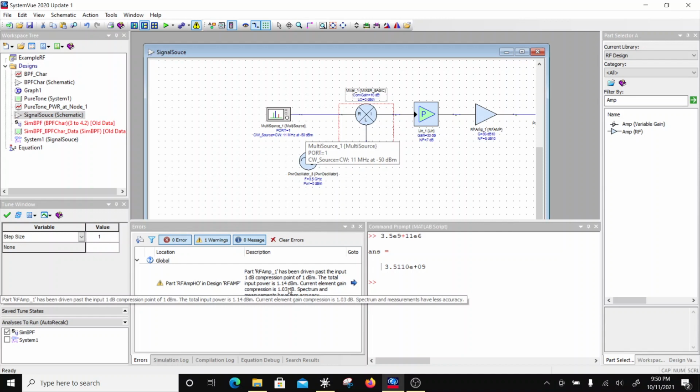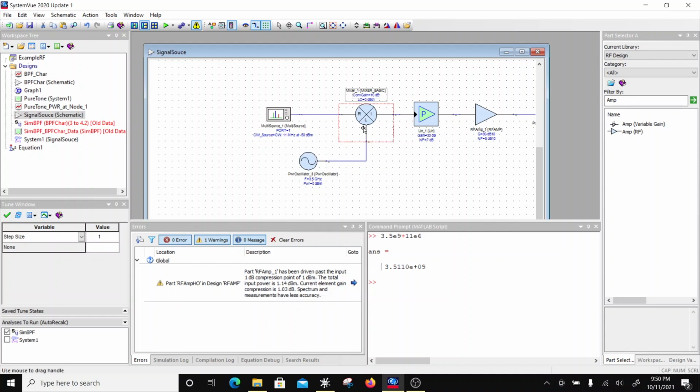The total input power is 1.14 dB. So this is a strange relationship in their equations, right? Allo doesn't affect so much of the conversion gain, but here it does. So it says that it is past the 1 dB compression of 1 dBm, that the input power is 1.14. The current element gain compression at 1.03 dB.